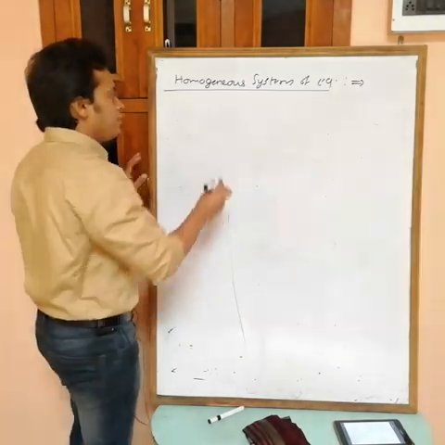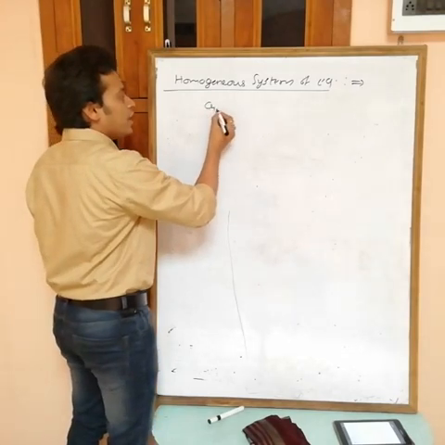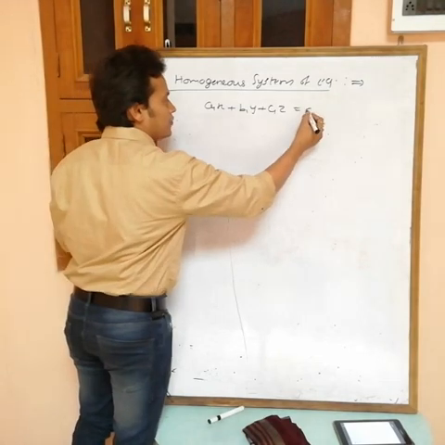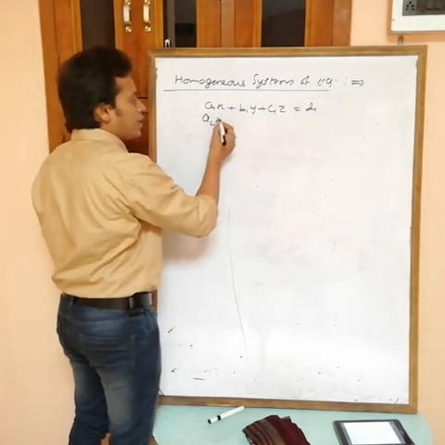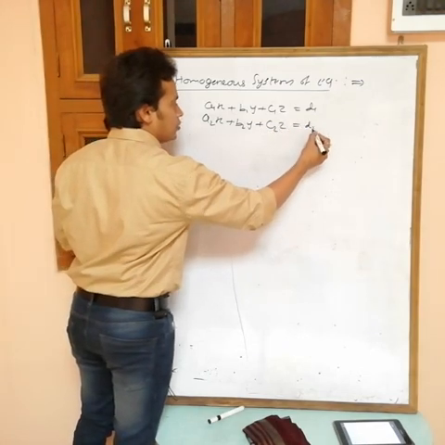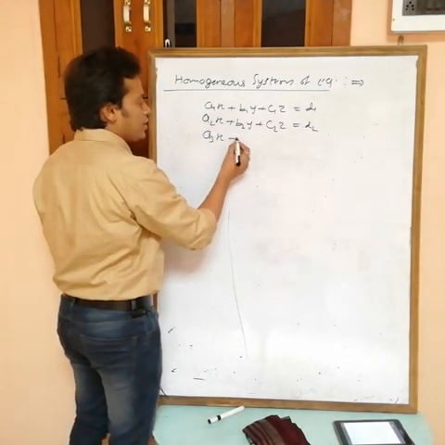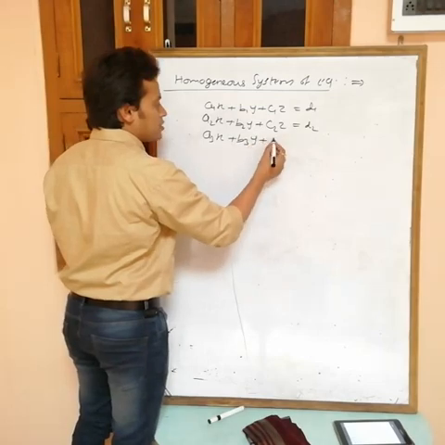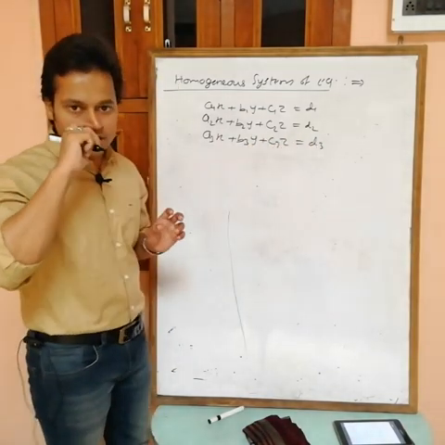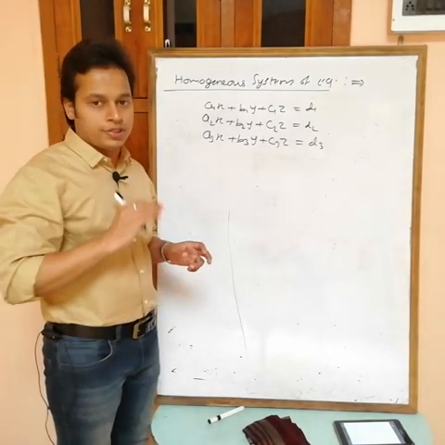Actually at this time initially we have the system of equations as a1x plus b1y plus c1z equals d1, a2x plus b2y plus c2z equals d2, a3x plus b3y plus c3z equals d3. This is the system of equations, but this is not homogeneous.